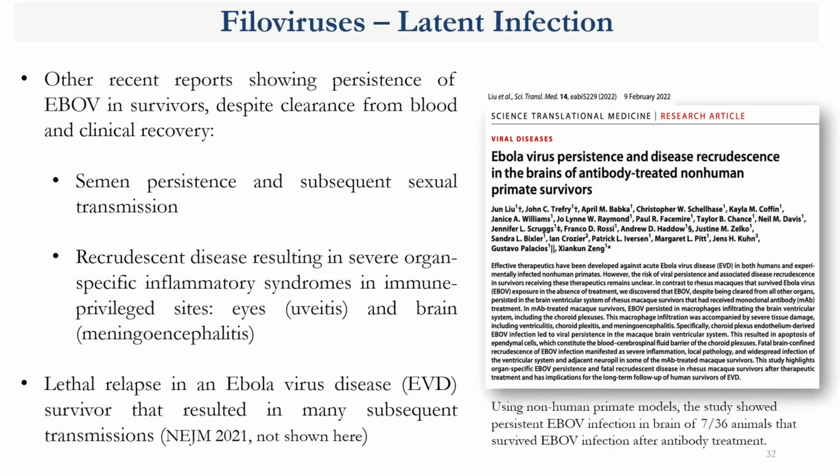And this goes hand in hand with what we just learned about the immune system and Ebola virus. The SGP can subvert the immune system, so this could be one of the mechanisms.